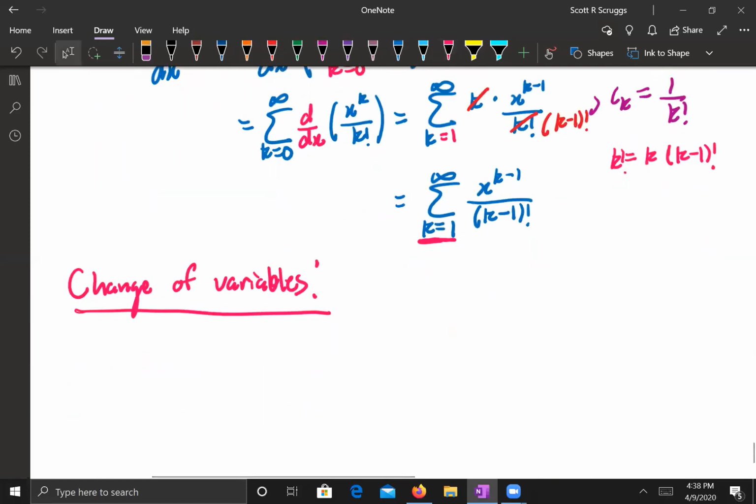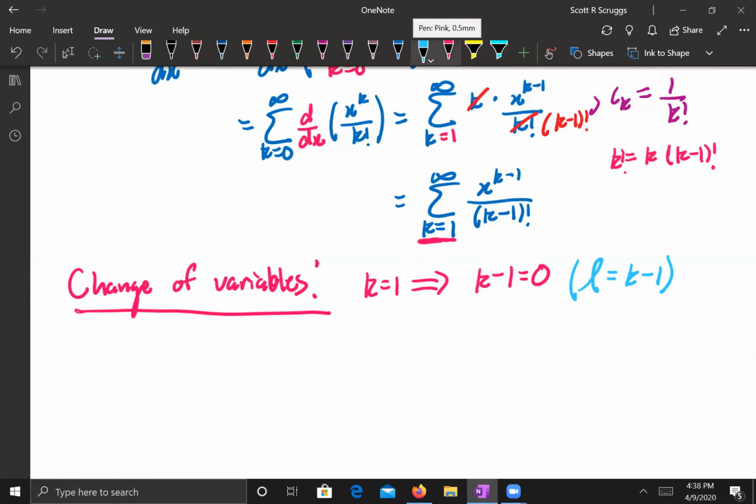And so because I have k equals 1, well, that implies that k minus 1 equals 0 if I subtracted both sides by 1. And that's going to be my motivation for defining my brand new variable, which I'll call L. I'm going to define my brand new variable to be L, which equals k minus 1.